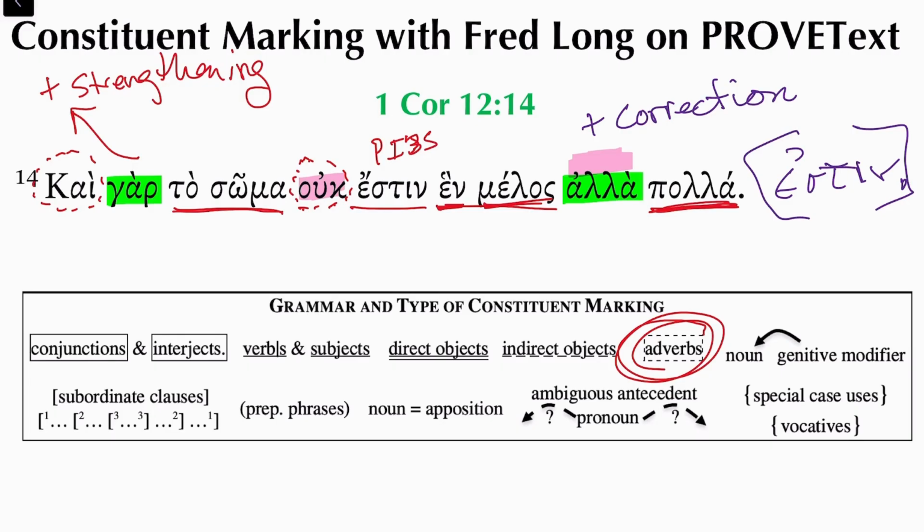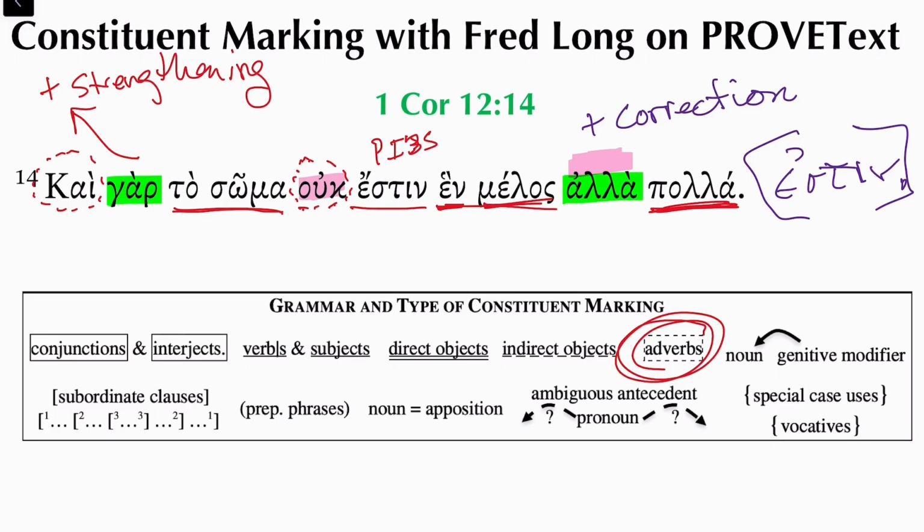So the body is not one member, but it is many. So Paul here is speaking in a very condensed way. There's an implied verb here. He does this a lot, and there's a kind of elegance to eliding elements, using ellipsis to convey ideas. Ellipsis is when there's an implied sentence element. This is efficient communication.